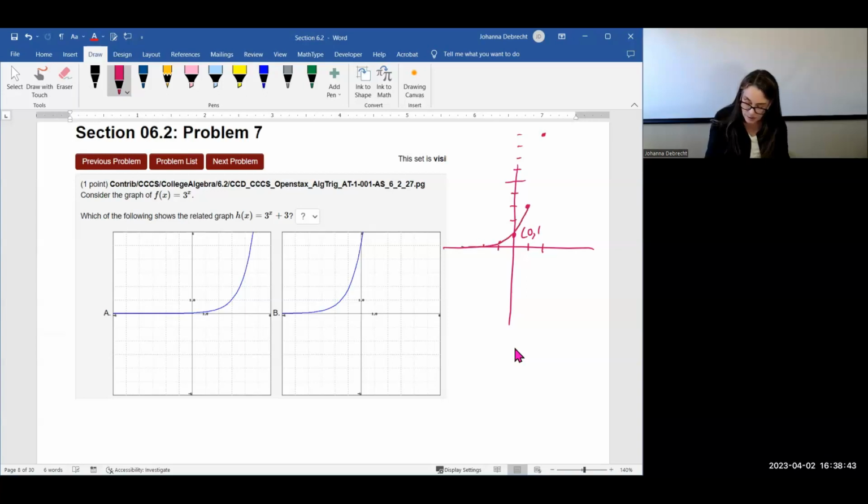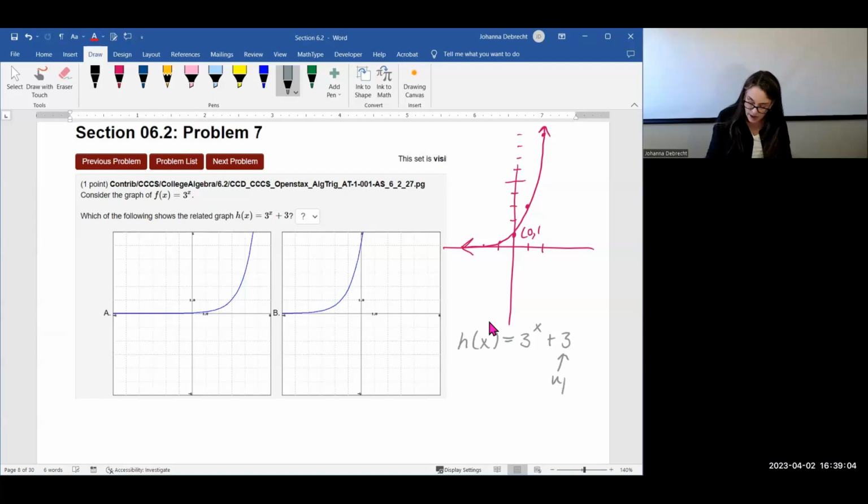So it decays to the left and grows to the right. We want to know which of these pictures is 3 to the x plus 3. So our h of x is a translation, 3 to the x plus 3.